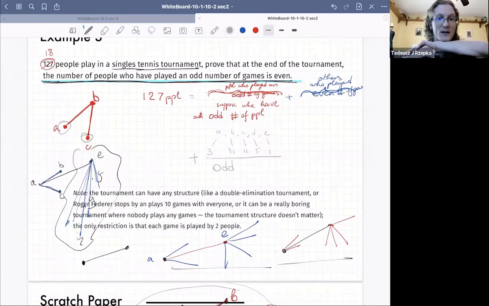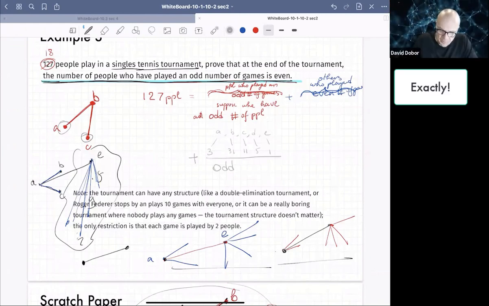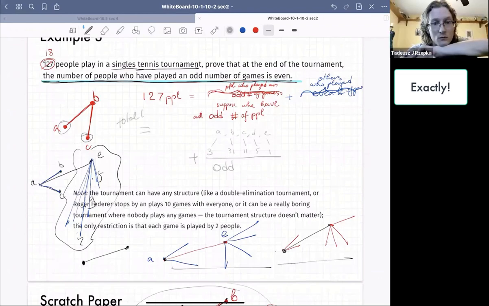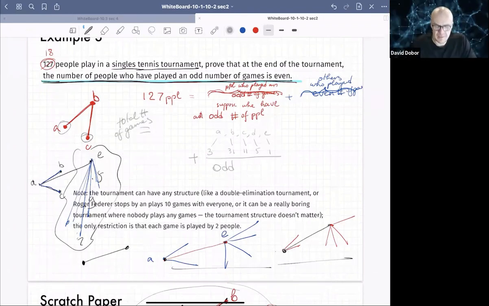Yes. The total number of games they played must be odd because you're combining only odd numbers. Okay, let's consider twice the number of games.